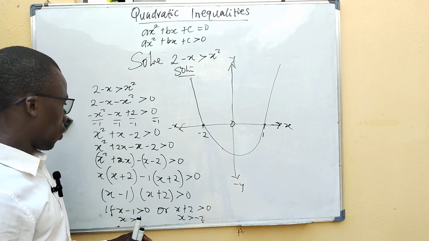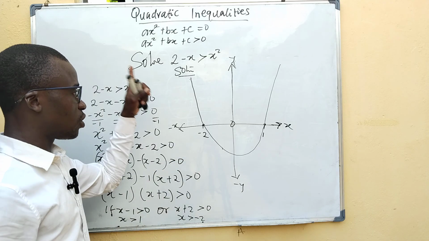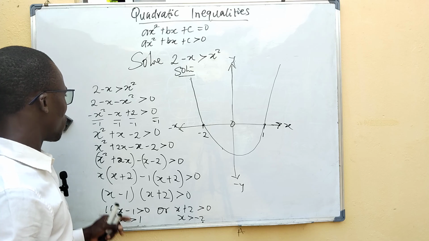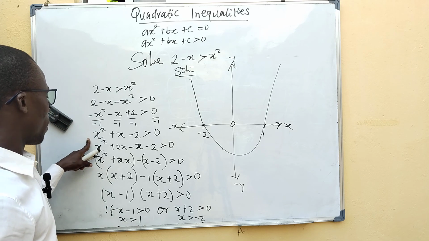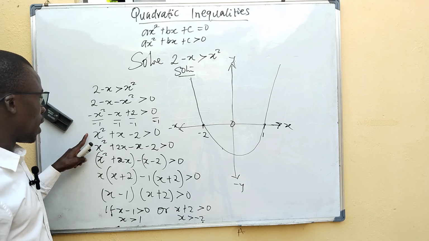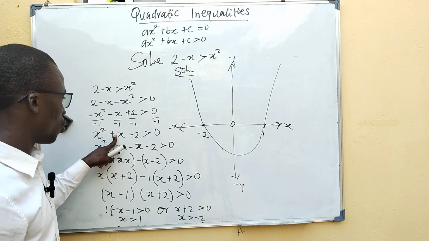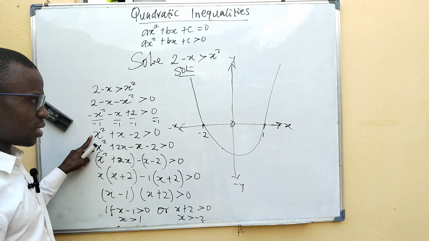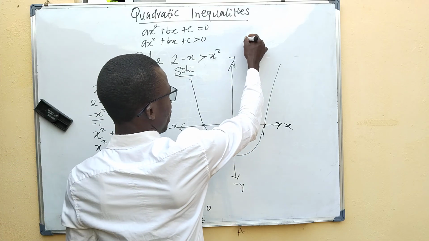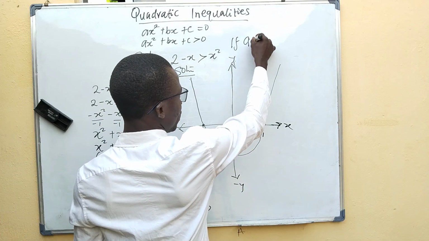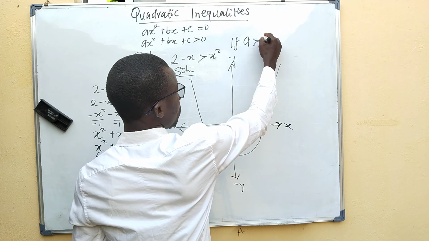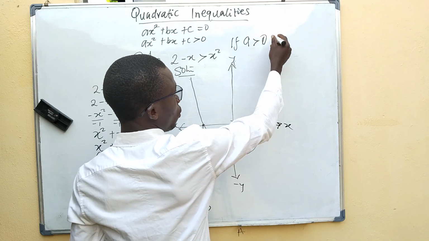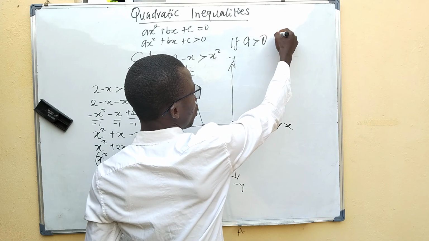Now, does that correspond to the first explanation I gave? What is the value of a here? Remember, this is our a, this is our b. a here is 1, b here is 2, and our c is minus 2. So a is greater than 0, isn't it? And remember, first I said if a is greater than 0, our shape will be what?